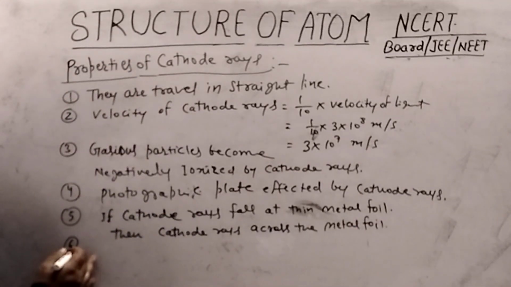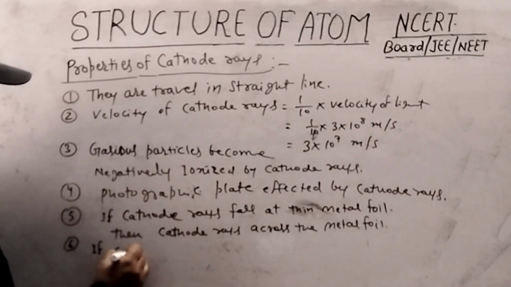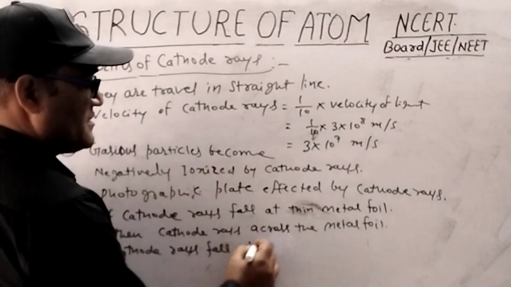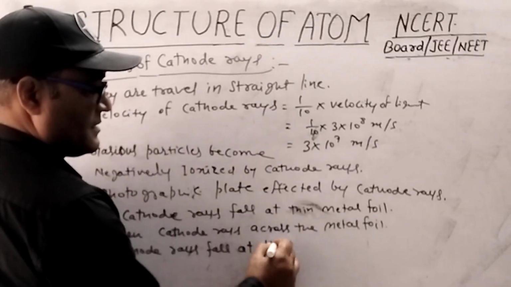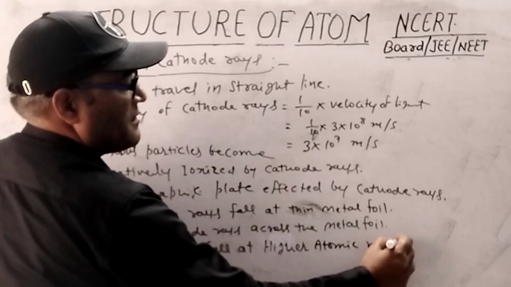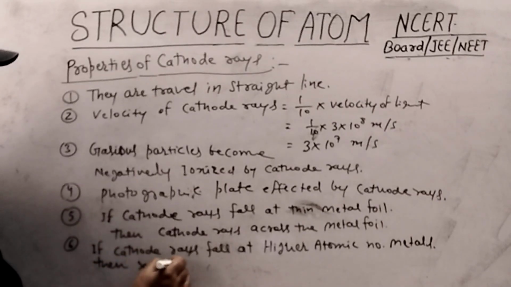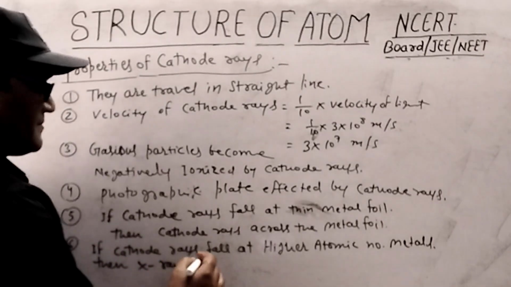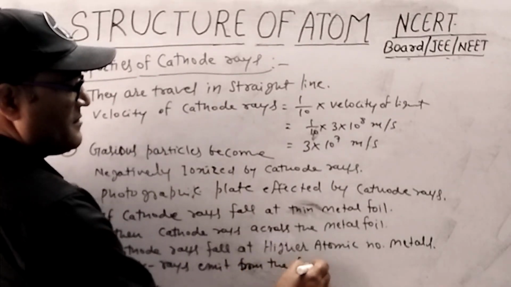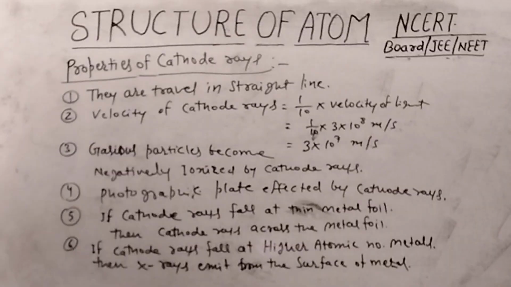Now, 6th point is if cathode rays fall at higher atomic number metals, then X-rays are emitted from the surface of metals. Now you can take a screenshot.